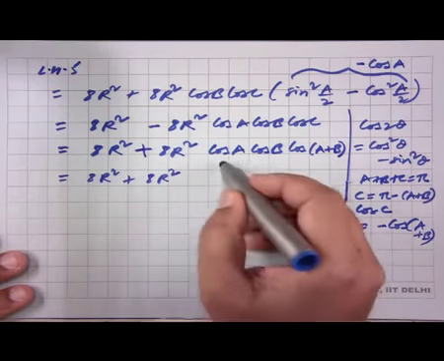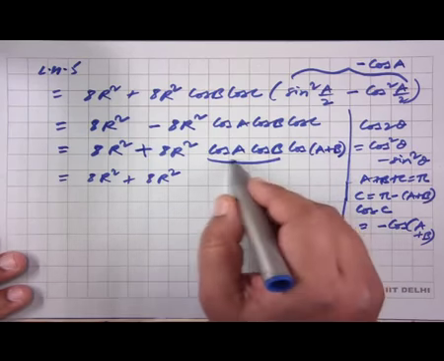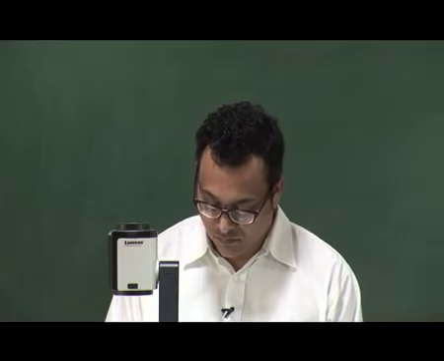But then we have this cos a cos b, so we'll try to use the 2 cos a cos b formula.